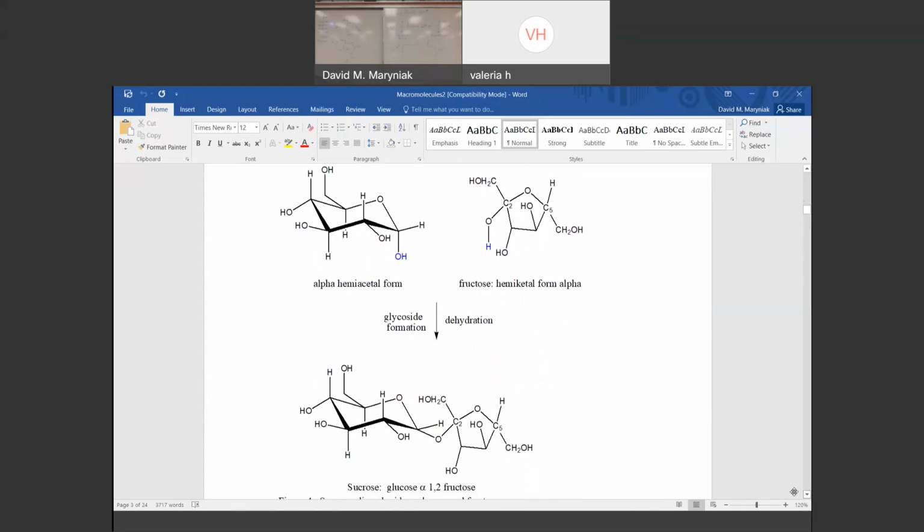So if we take this version of glucose, and quick quiz, if this is glucose, which form is shown? Open chain or hemiacetal? That's the hemiacetal, and what makes it a hemiacetal is again C-O-C-OH.